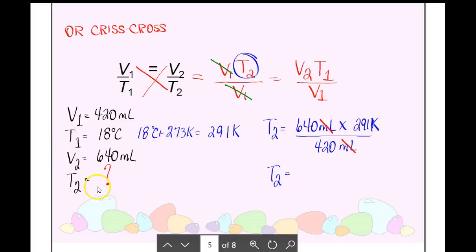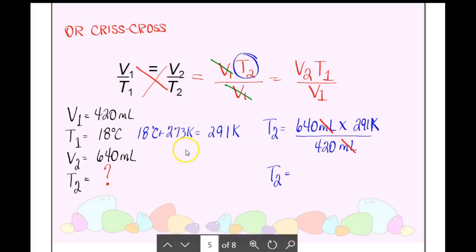I've set up what we know within the equation, just like we've done before in other equations. So I put my V1 equals 420 milliliters, my T1 equals 18 degrees Celsius, my V2 equals 640 milliliters, and I'm looking to solve for my T2.